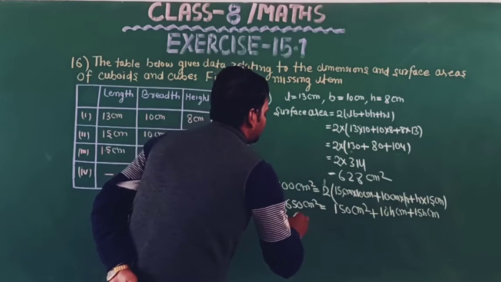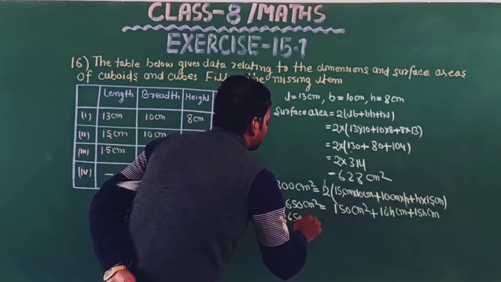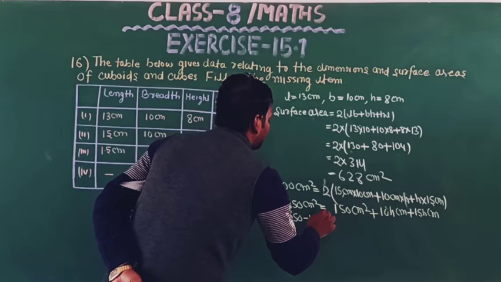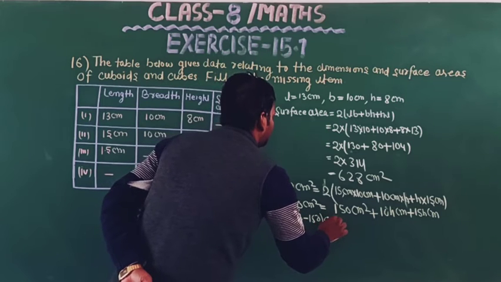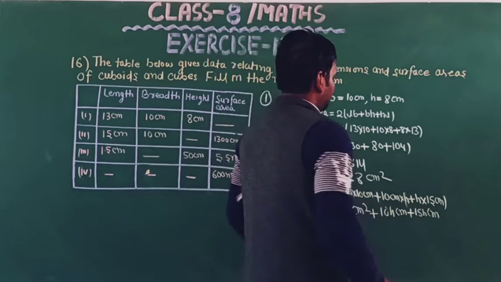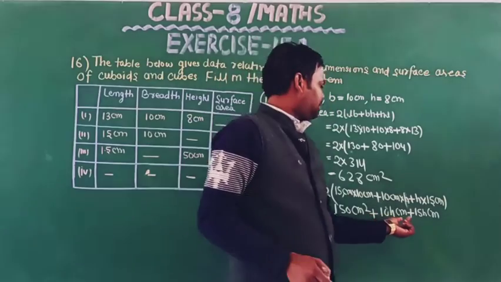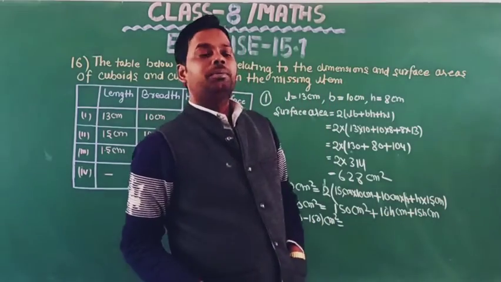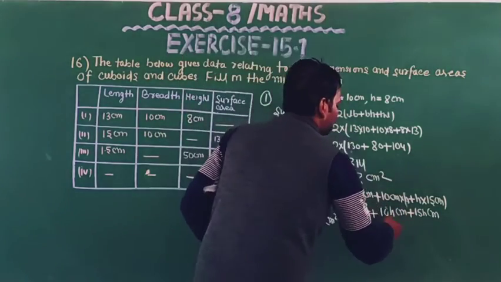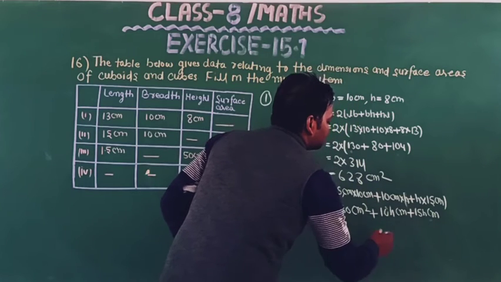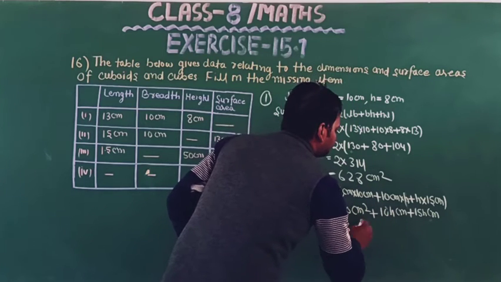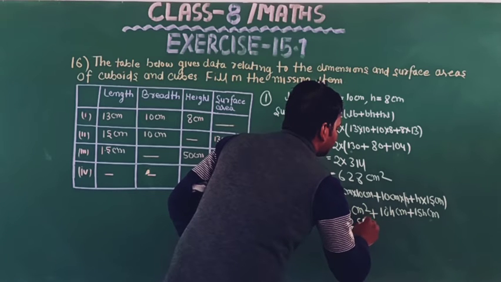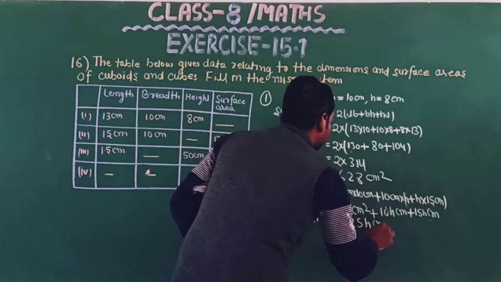So 650 minus 150 is equal to 10H plus 15H. After adding this quantity, we get 25H.